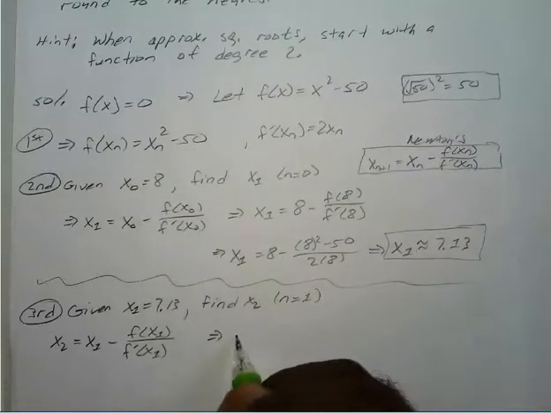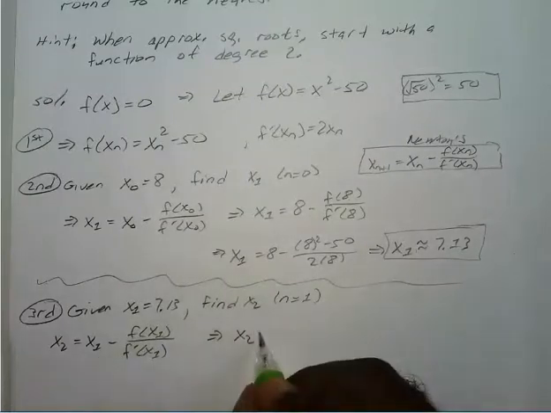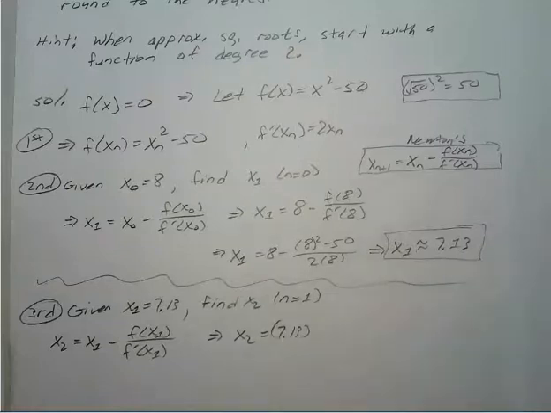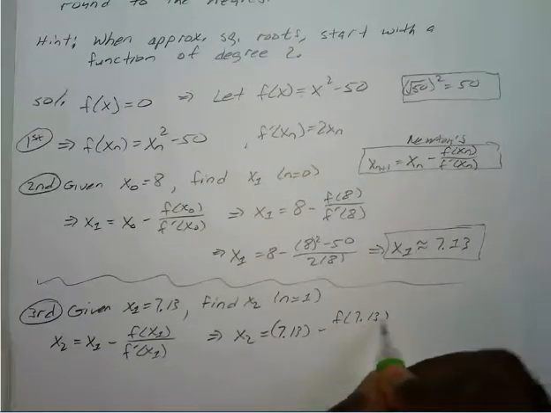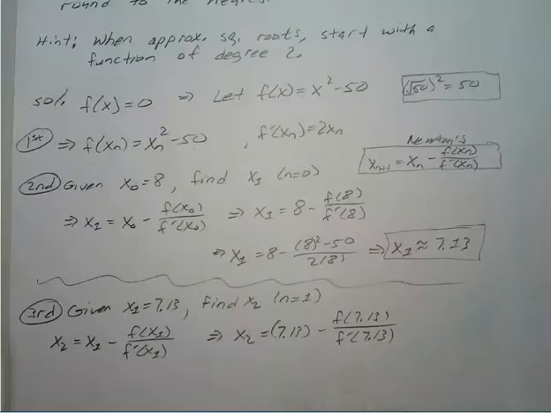All right, so that means our x2 is going to equal our x1, which is 7.13, minus f of 7.13 all over f prime of 7.13.